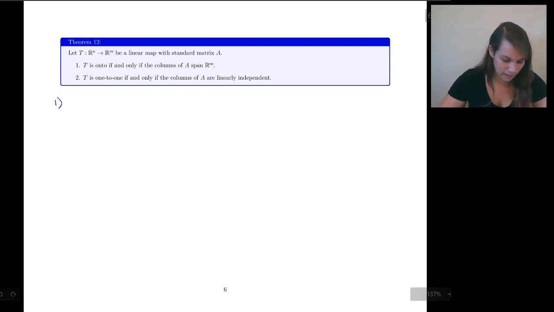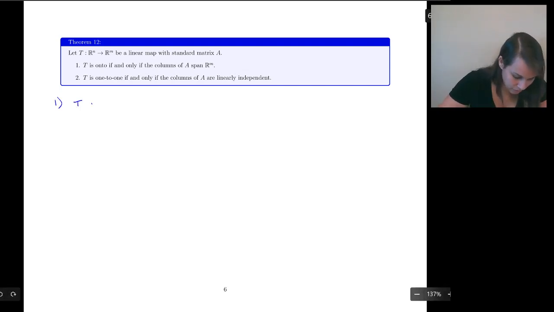We're going to say T is onto implies that for all B in Rm, Ax equals B has a solution.